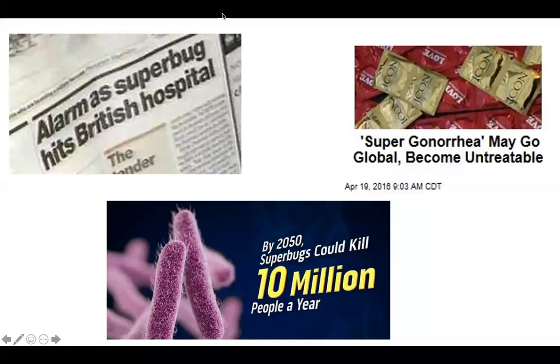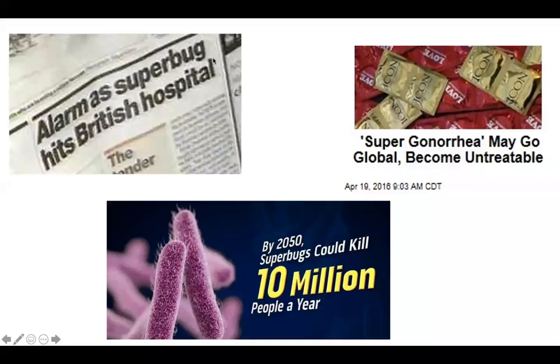How many people have been killed by COVID-19 in 2021, worldwide? In Kenya, I think we are still in the 2000s, maybe 800. I haven't looked at the recent figures. So you can see having 10 million people die because of superbugs.